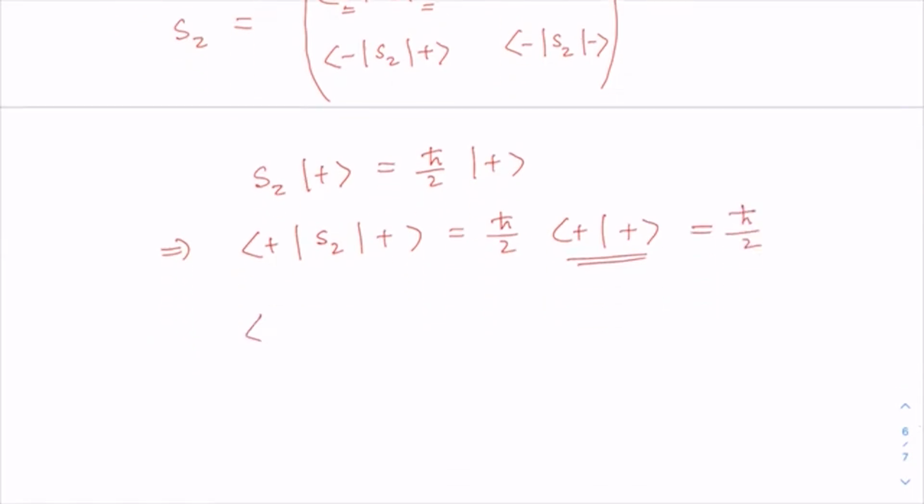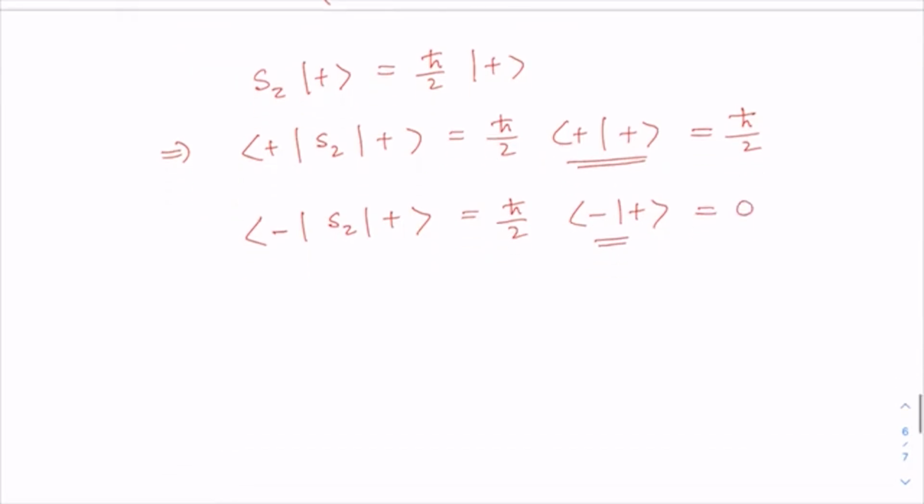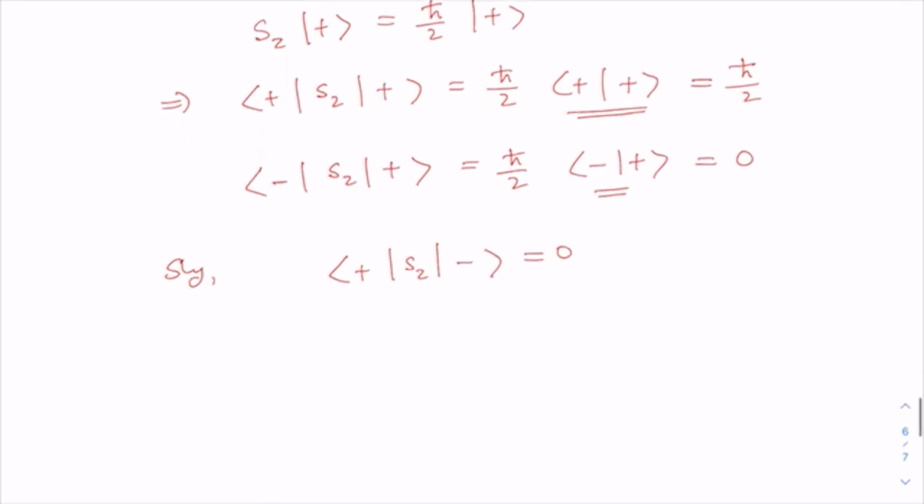Again, if I multiply by the bra minus, you will get h cross by 2 times minus plus, and this is orthogonal, so you will get 0. Similarly, you can show that plus Sz minus is equal to 0, and minus Sz minus gives you minus h cross by 2.